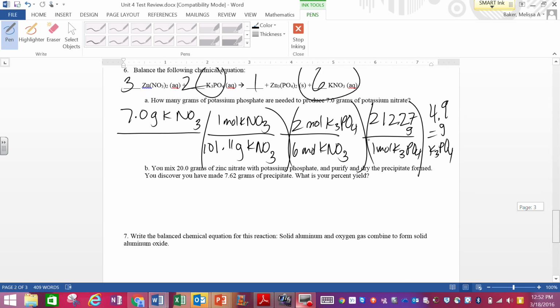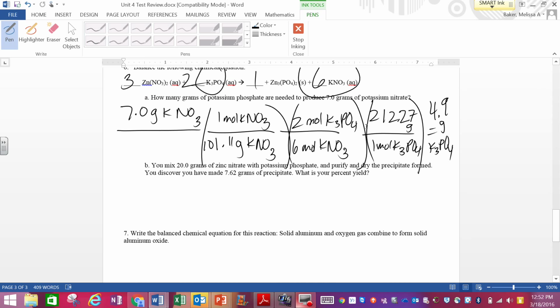New question. You mix 20 grams of zinc nitrate with potassium phosphate and purify and dry the precipitate. And then you actually made 7.62 grams. What's your percent yield? So first we got to do the stoichiometry. 20 grams of zinc nitrate. Divide by the molar mass. It's 189.41 grams of zinc nitrate is equal to 1 mole.